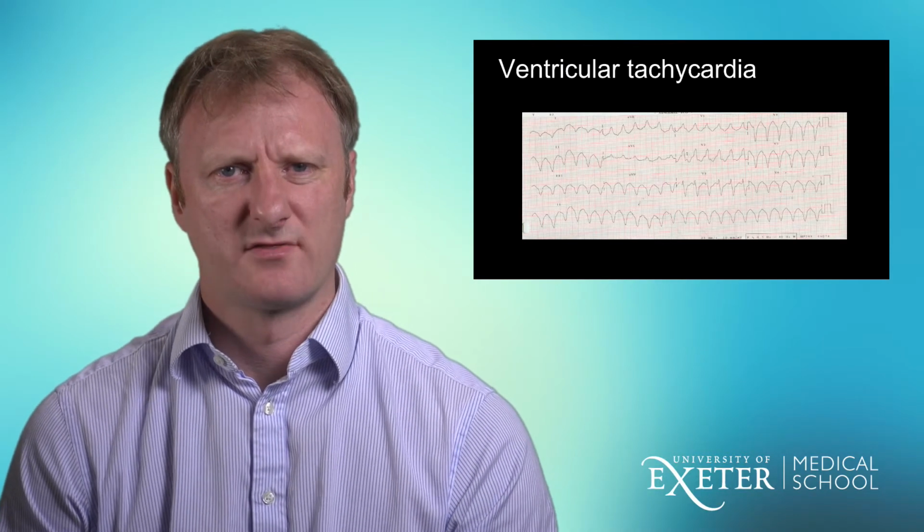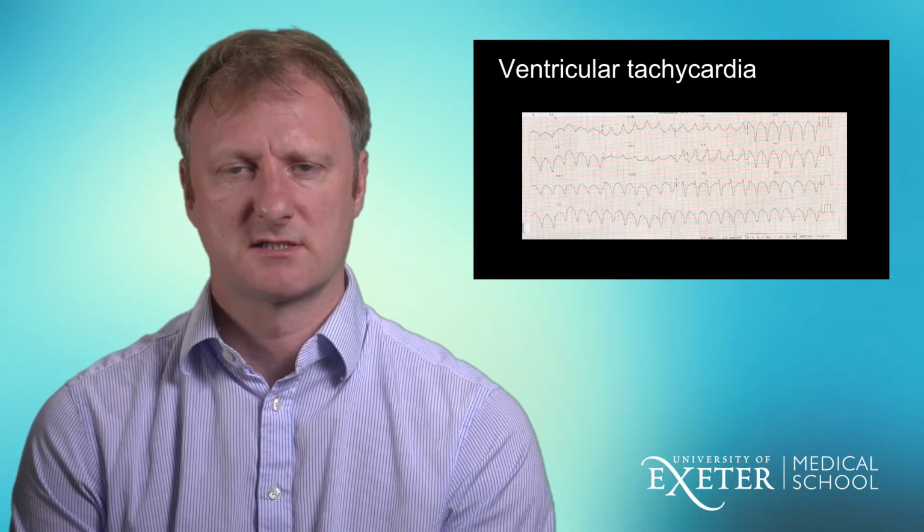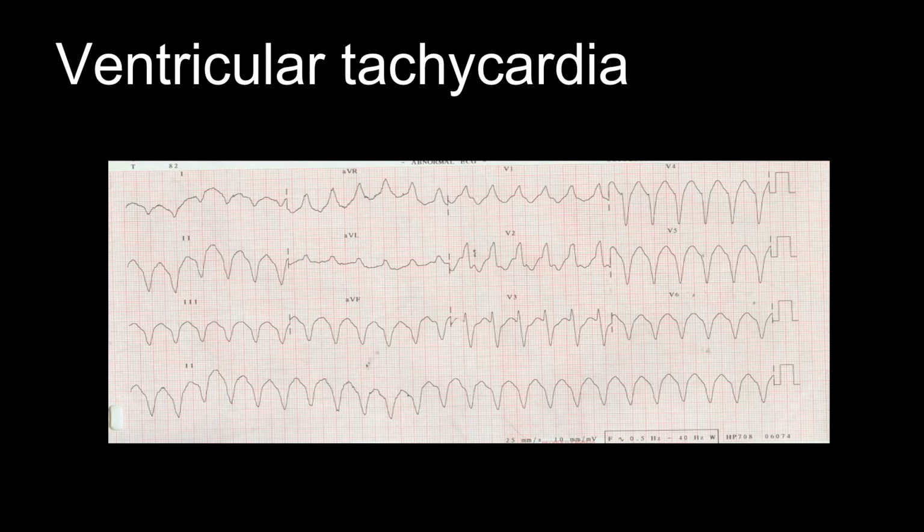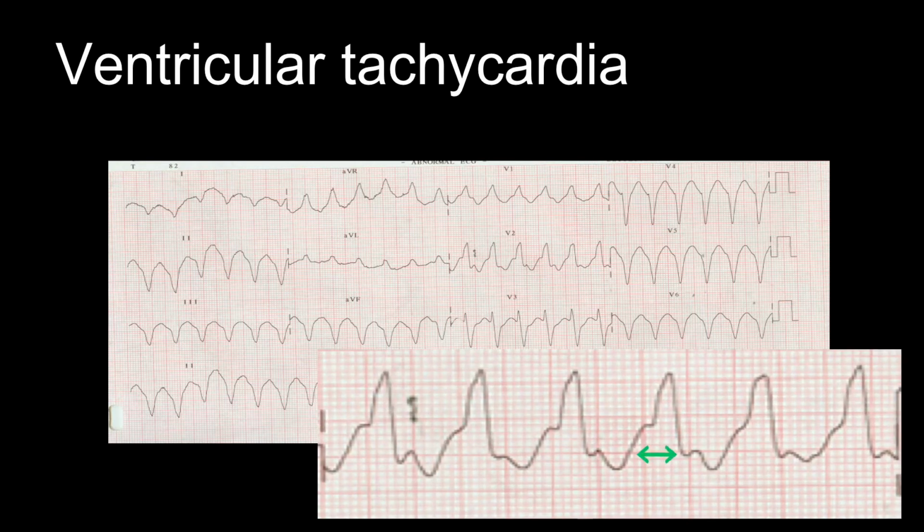Here we have another example of a broad QRS. This time, hopefully, you can appreciate that the rhythm is fast. It's going at about 150 beats per minute. And the QRS, again, is broad, measuring, again, 5 squares, so about 200 milliseconds, so a very broad QRS.